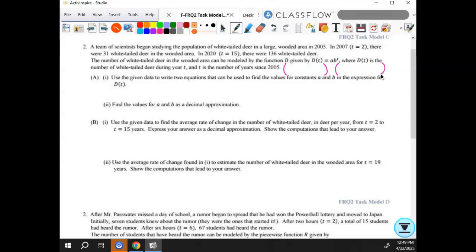So finish reading that. Actually, go ahead and write your equations and do all of B. Do everything you can do without the calculator while I pass these out.